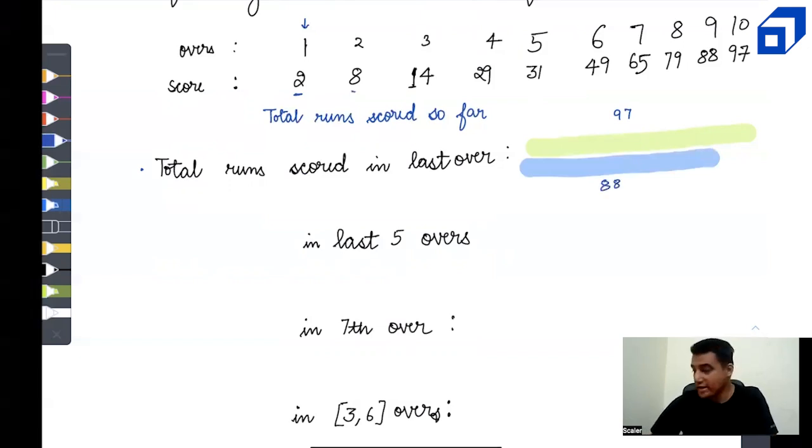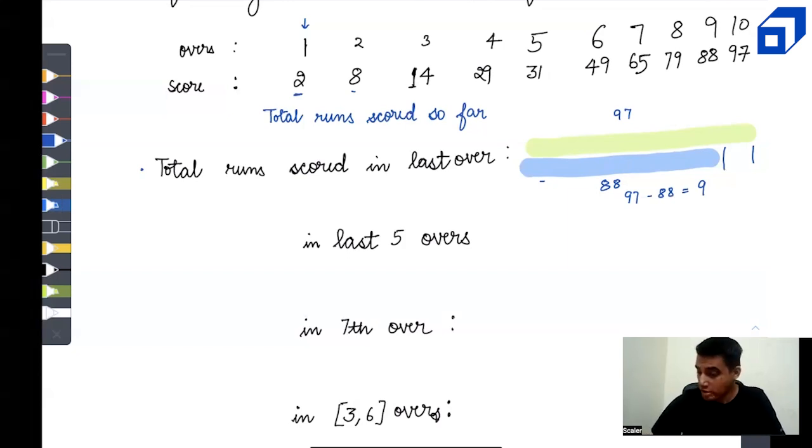You just have to find the runs scored in the final, 10th over. So for that, you subtract the runs scored in the first 9 overs, which is 88, from 97, and you would get 9. So subtract the contribution of the first 9 overs from the total number of runs scored in the 10 overs.